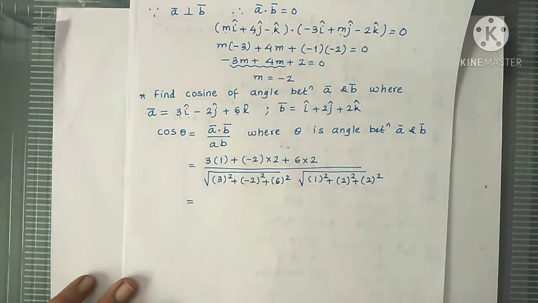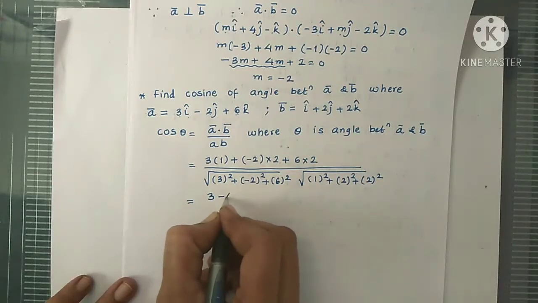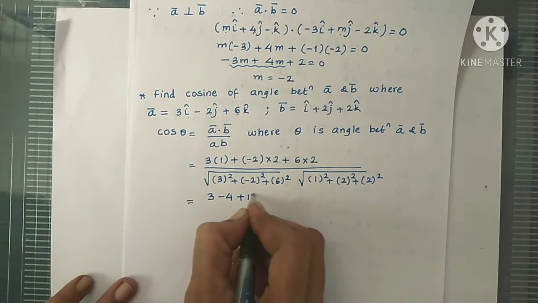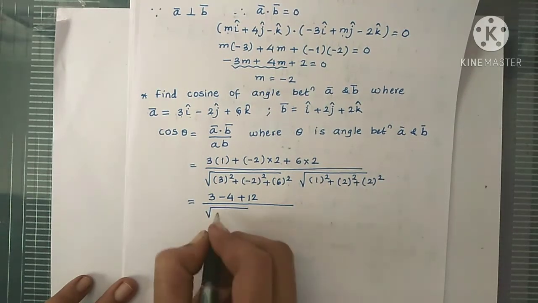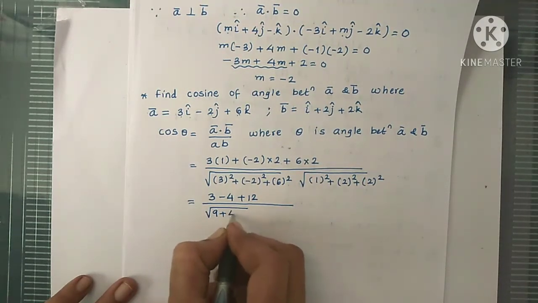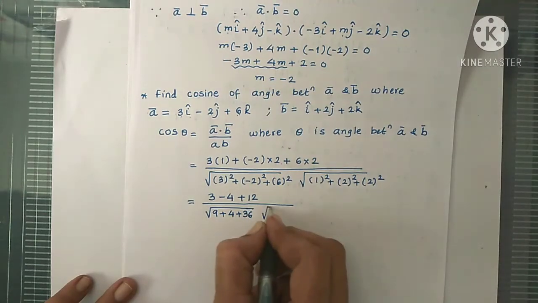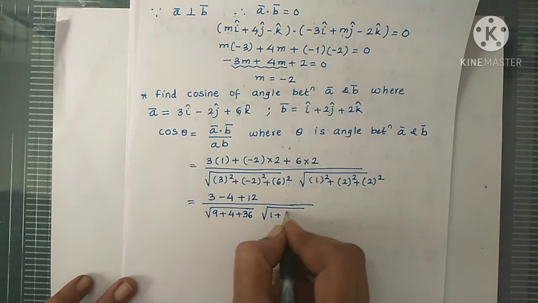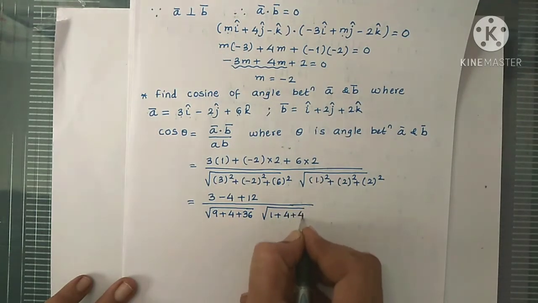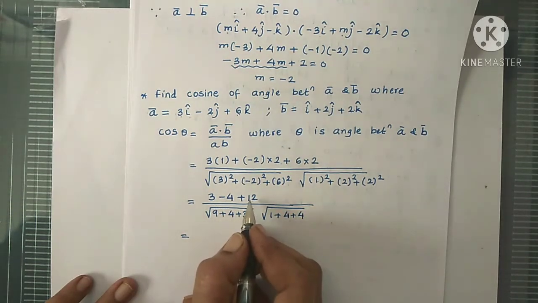Okay. Now the only thing is we have to simplify this. So this one is 3 minus 4 plus 12, divided by root 9 plus 4 plus 36, and in the second square root we have 1, then 2 square is 4, and again 2 square, that is 4. So 3 minus 4 plus 12. 3 minus 4 is minus 1.